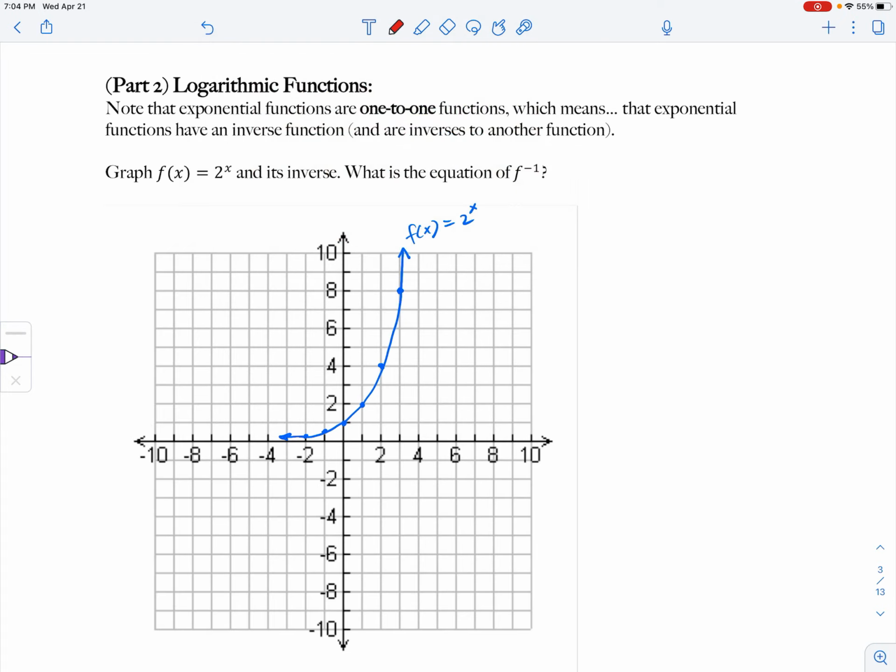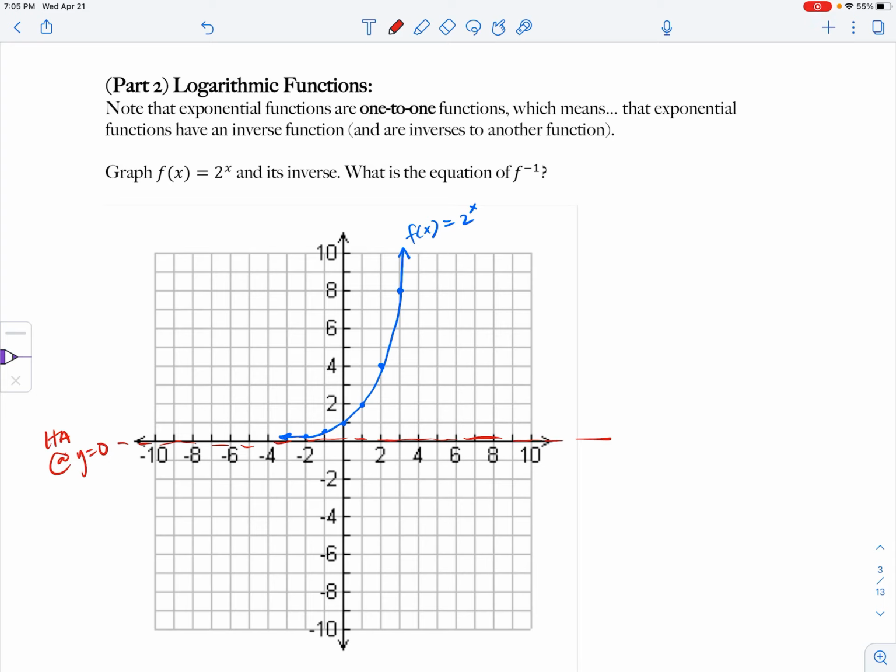And end behavior, so if we thought about taking the limit of f of x as x approaches negative infinity, the function would end up approaching 0, meaning there is a horizontal asymptote at y equals 0. And as x approaches positive infinity, the function approaches positive infinity.